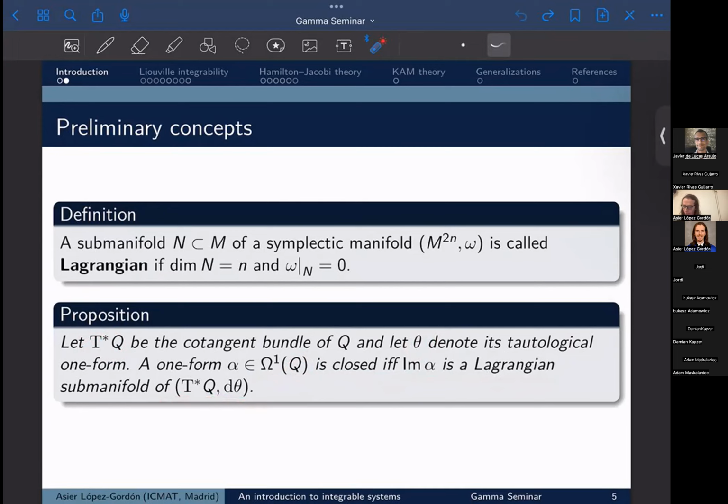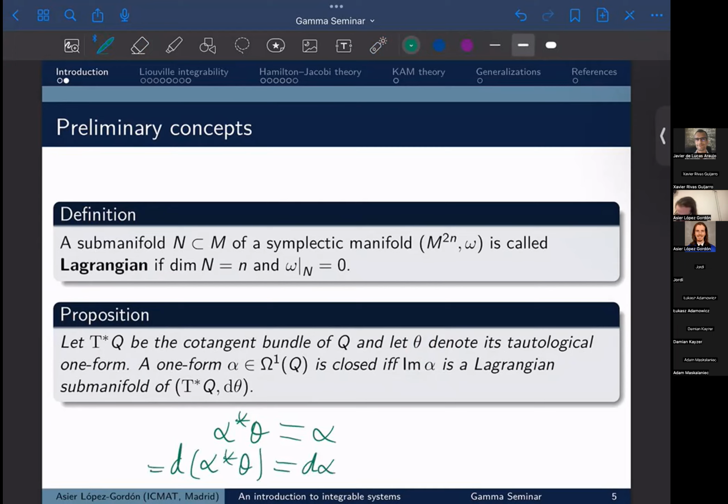Well, proving this is essentially trivial if you remember that the tautological form satisfies the following property. Sorry, we have this property. And we have that the pullback and the exterior differential commute. So, if we take the exterior differential of this expression, we have this.